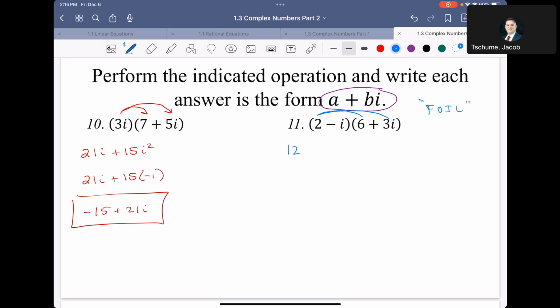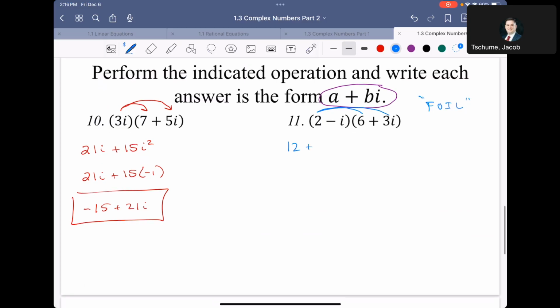Your outside terms, 2 times 3i gives you 6i. Your inside terms, -i times 6 is -6i. And then your two last terms, -i times positive 3i would be -3i squared.